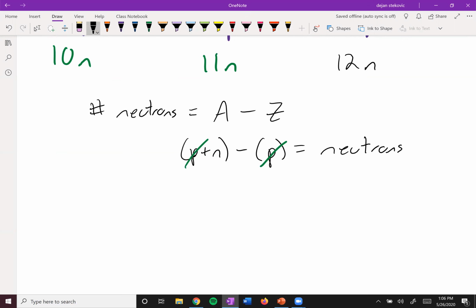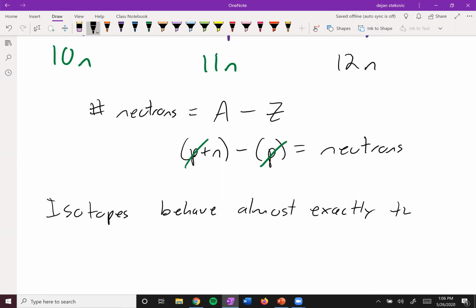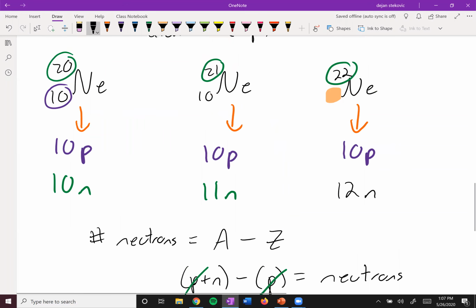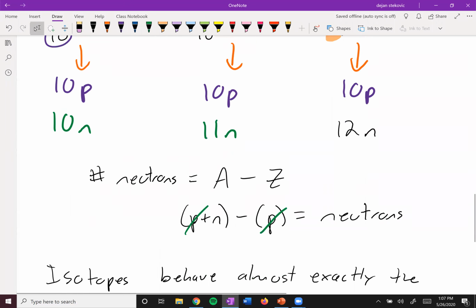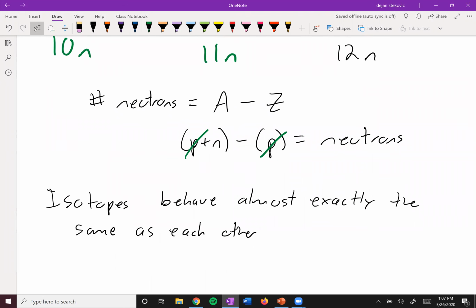Overall, isotopes aren't terribly interesting. Isotopes behave almost exactly the same as each other. Right, so something like a neon 20 versus a neon 21 would not have significant differences from one another.